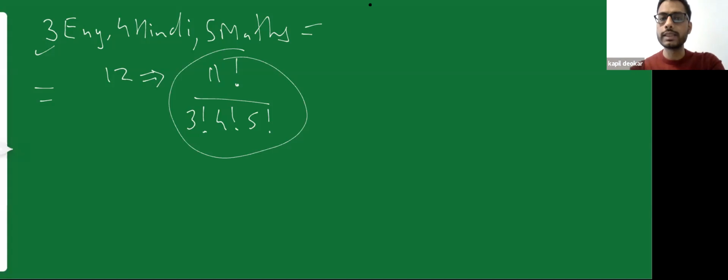If this question was there for linear permutations, how did we solve it? We checked 3 English books, 4 Hindi books, 5 math books, total 12. 12 objects can be arranged in 12 factorial ways. And when the objects were repeated, we divided by that number of terms, 3 factorial, 4 factorial, 5 factorial.